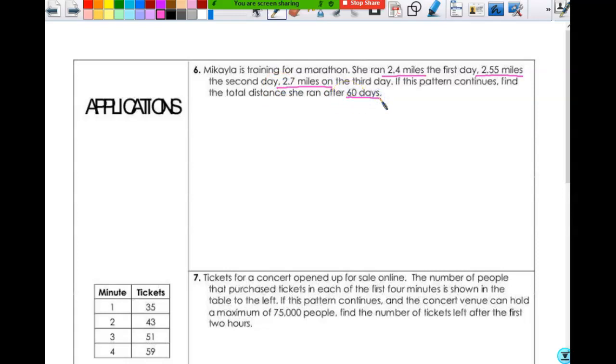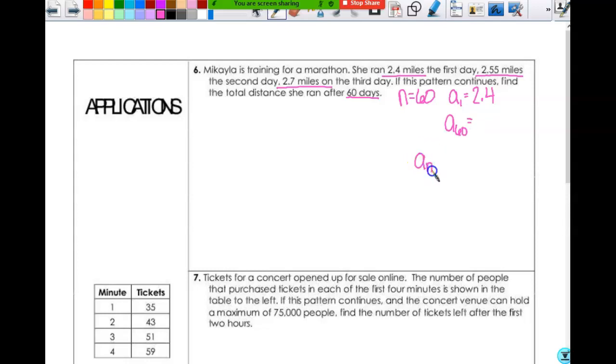And if it's after 60 days, that means she's actually done it 60 times. So n is 60. The first term is 2.4 because that was her first day. I need the 60th term, which I don't know. So I need to use my little sequence formula.